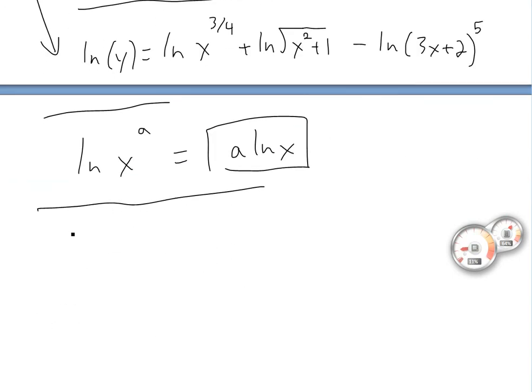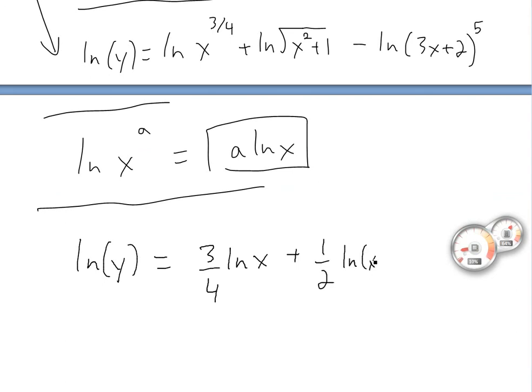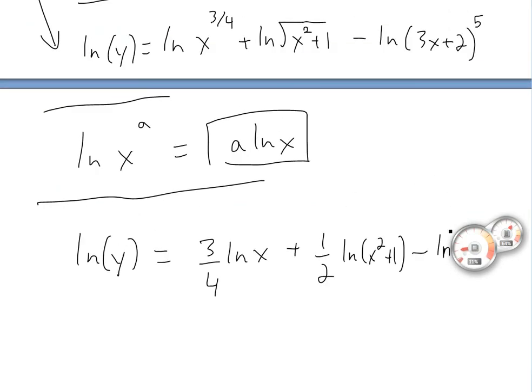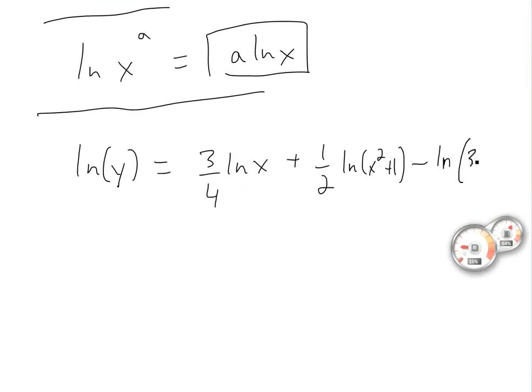We're going to have ln y equals 3 over 4 ln x, plus, this is the power of 1 over 2, 1 over 2 ln of x squared plus 1, minus 5 ln of 3x plus 2.